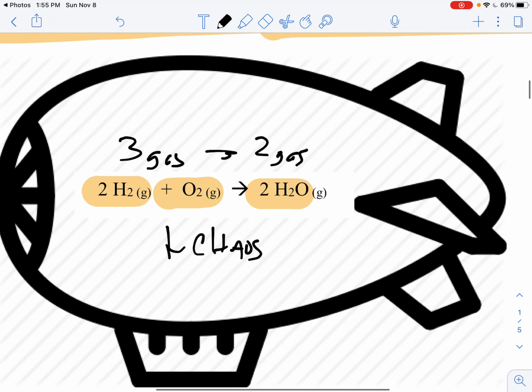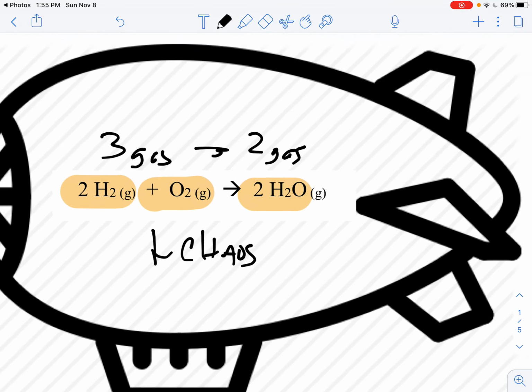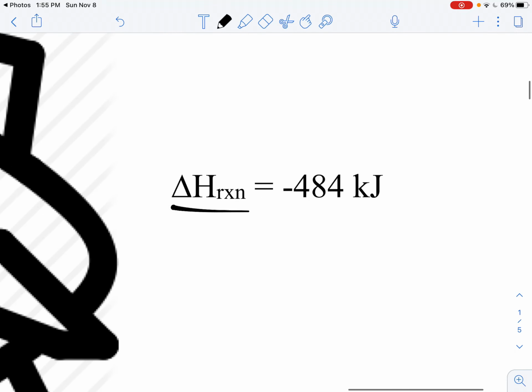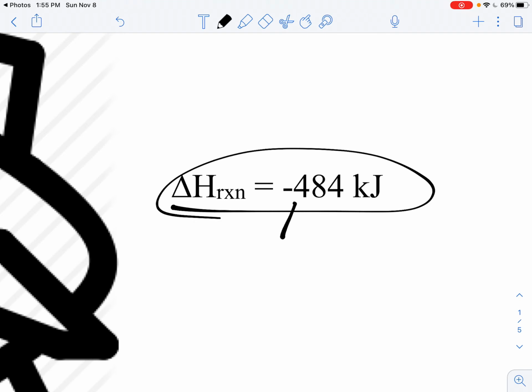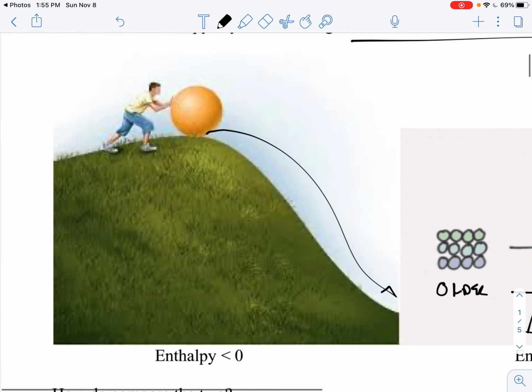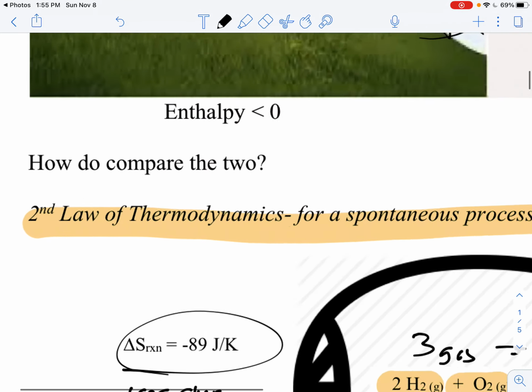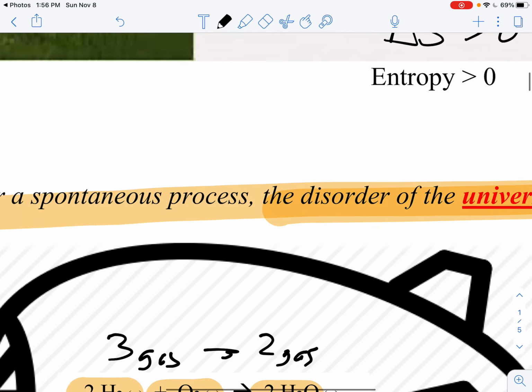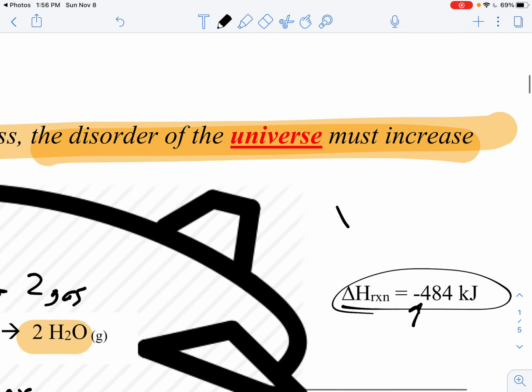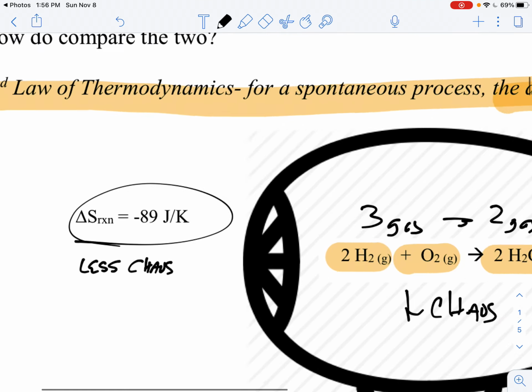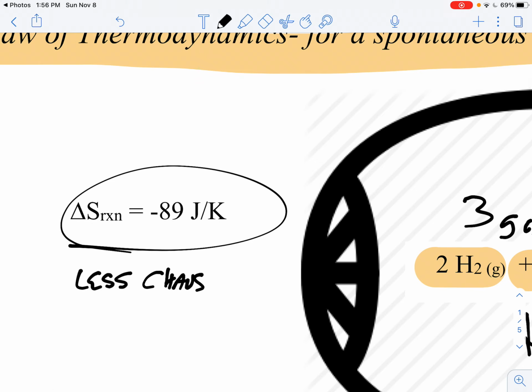It shouldn't be spontaneous. But we can do the delta H of the reaction. The delta H of the reaction is negative 484. That's a negative sign, so that tells us it is exothermic, like the ball rolling down the hill, so it should be spontaneous. But the second law of thermodynamics says that for a spontaneous process to occur, the chaos of the universe has to go up, and we are clearly showing that we are decreasing our chaos.